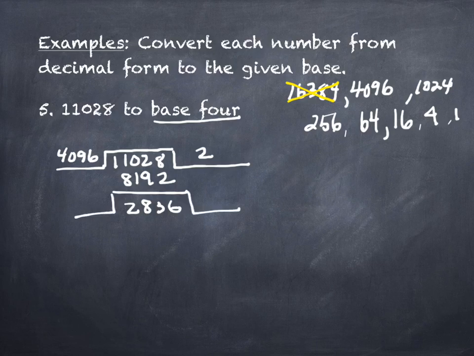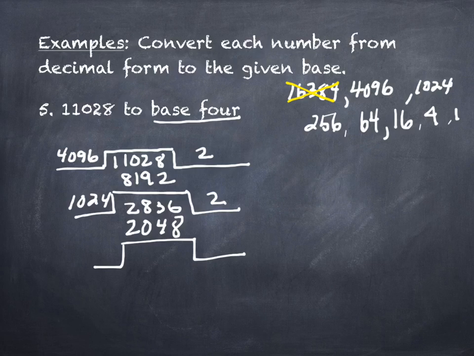Then we're going to use these powers of 4 that we wrote to the side, and go in order all the way down the list. So 4096 is where I started, 1024 is next. 1024 clearly goes into this twice, and 2 times 1024 is 2048. So we take 2836 and subtract 2048 for a total of 788.